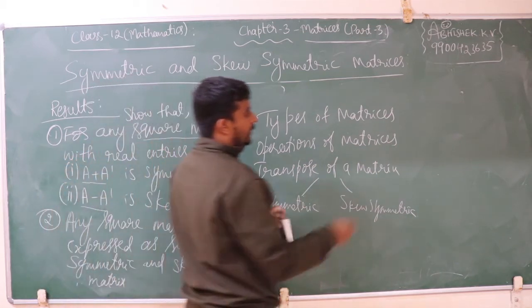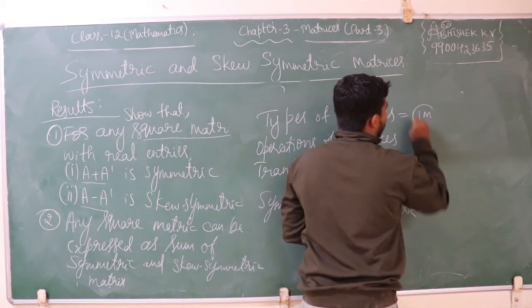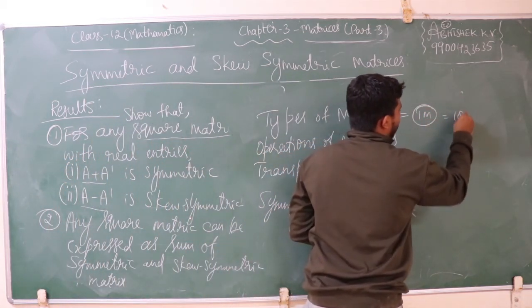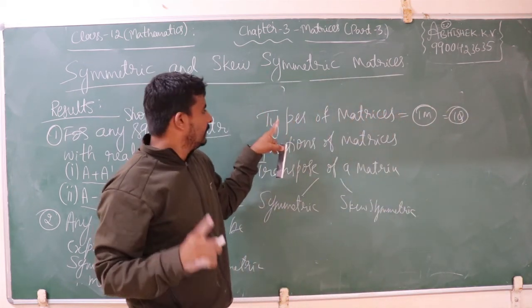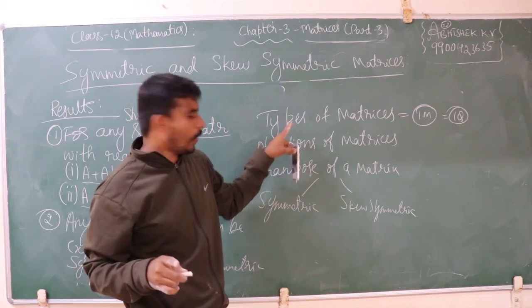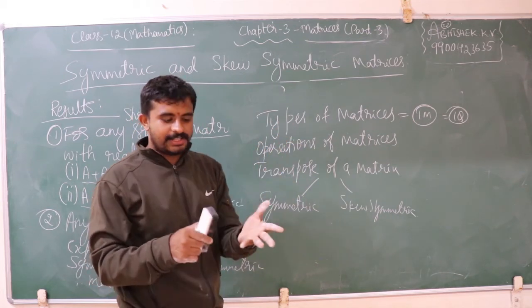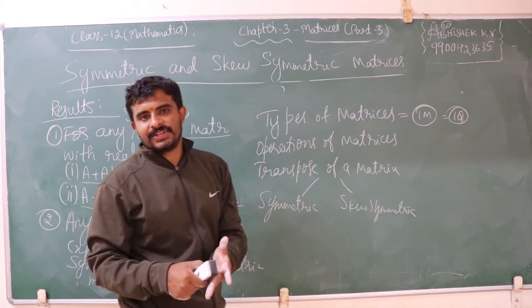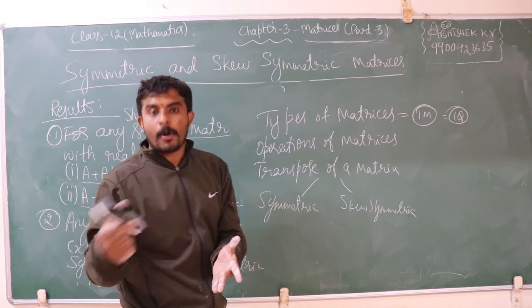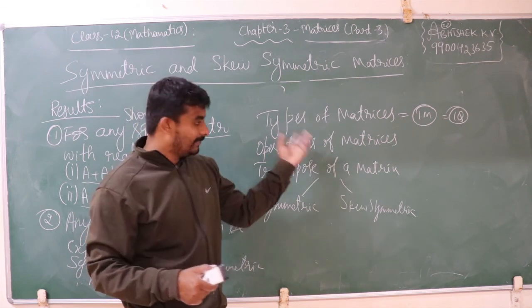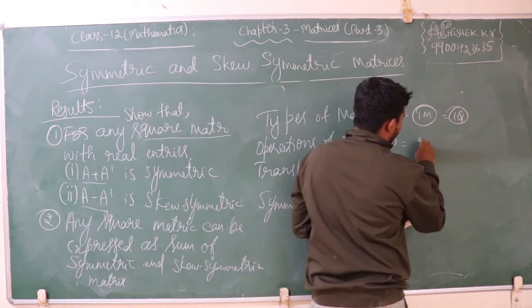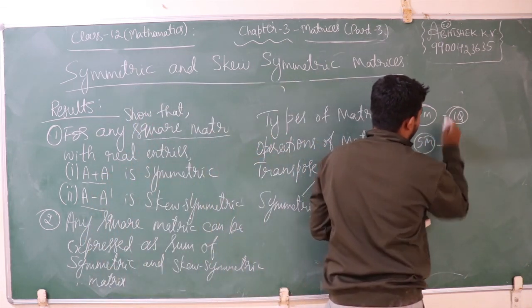From types of matrix, you will get one question for 1 mark. In operations of matrix, that is addition, subtraction, multiplication, and the properties, commutative, associative, distributive, you will definitely get one question for 5 marks.